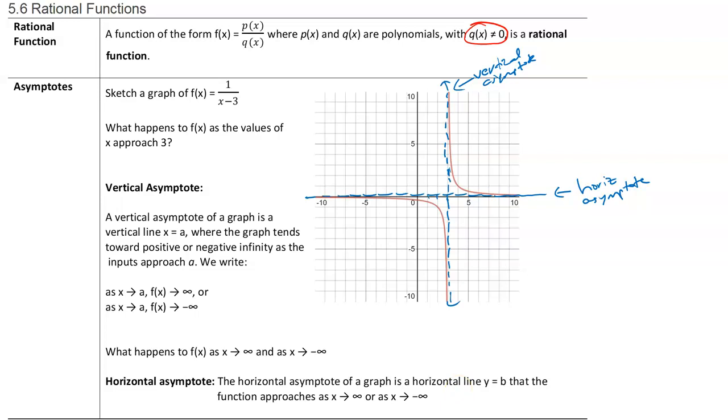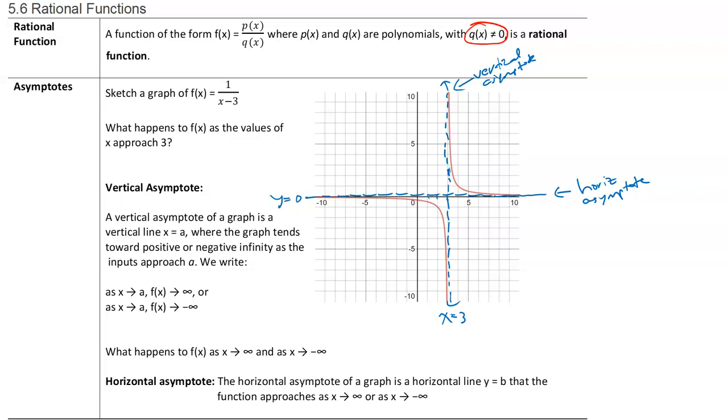Now notice that the graph of any vertical line has an equation of x equals something. So in this case, it's x equals 3. The equation of any horizontal line will always be in the form of y equals something. So in this case, this is like y equals 1. So this is y equals 0. So the x-axis has the equation of y equals 0.